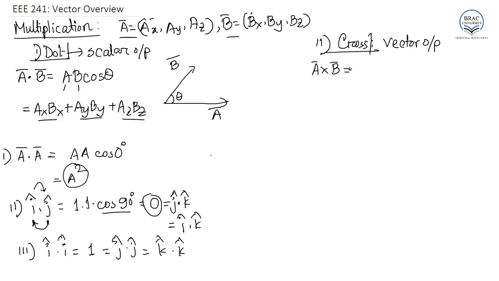All right. So let me explain a little what this means. Whenever you are performing a dot operation between two vectors, it denotes the component of one vector along the other.